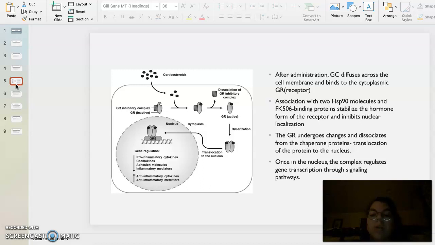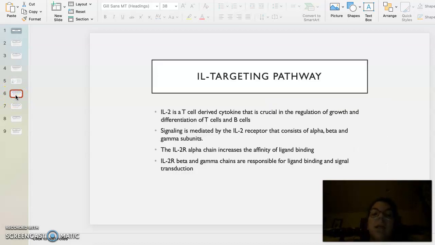The receptor undergoes changes and dissociates from the protein. So it moves the proteins to the nucleus. Once it's inside the nucleus, the complex regulates gene transcription through signaling pathways. And so that pathway is the IL targeting pathway.